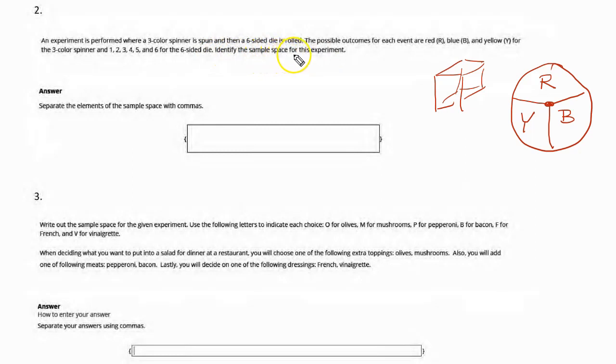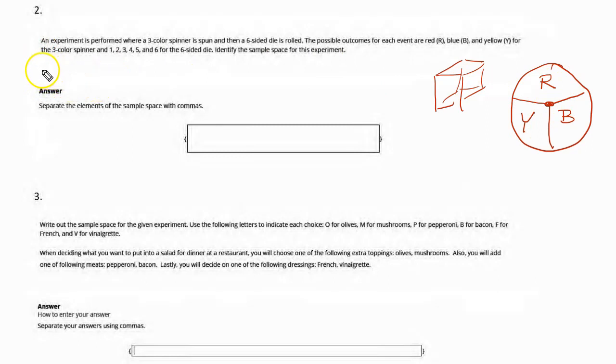Identify the sample space. Well, the numbers on this will be 1 through 6. And then you're going to have one of these colors possible. So there's 3 colors.